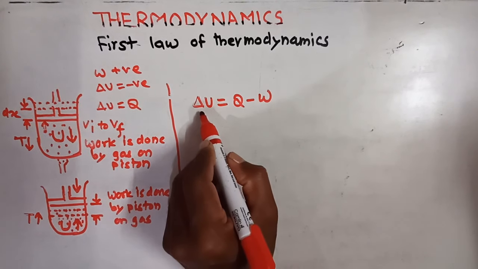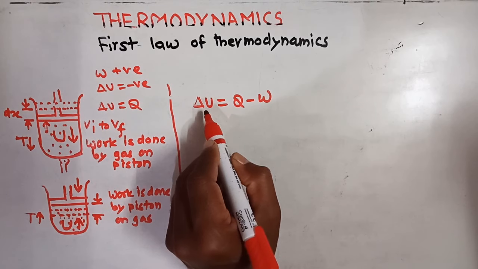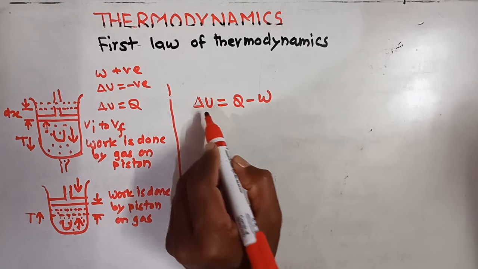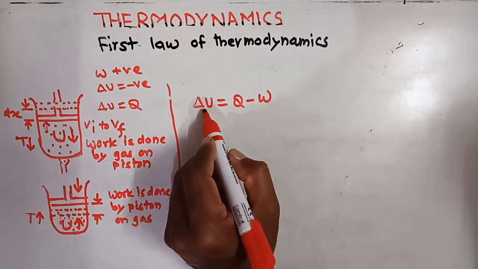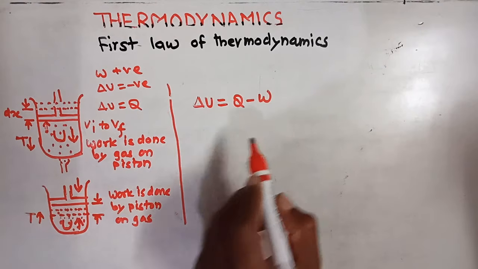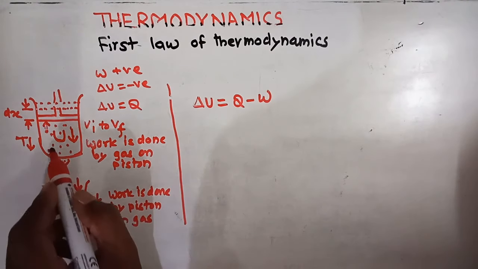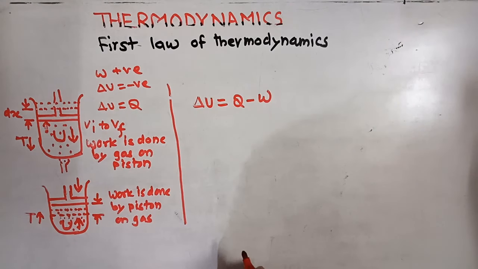It states that the change in internal energy is positive when heat is added to it, and the change in internal energy is negative when work is done by the gas on the piston. Now let us see the statement of the first law of thermodynamics.